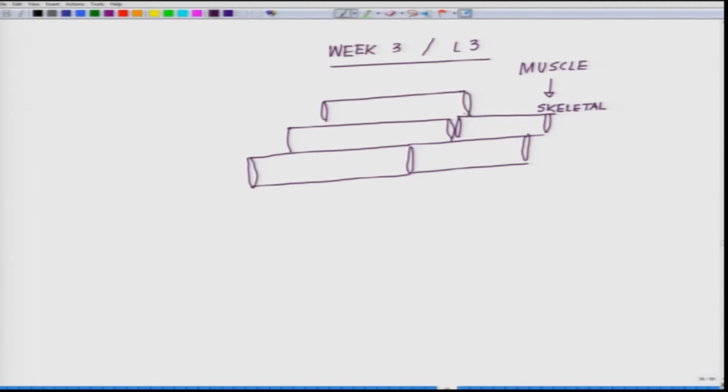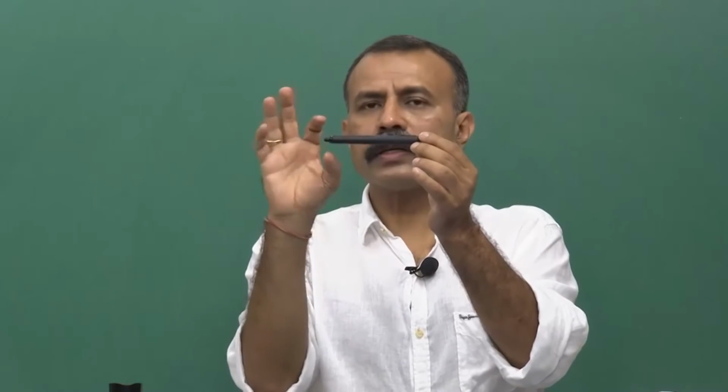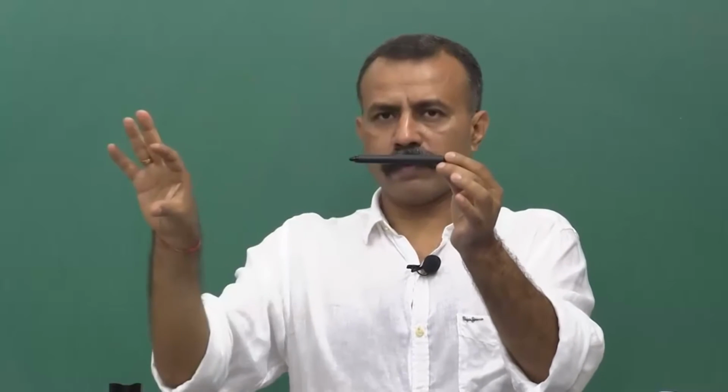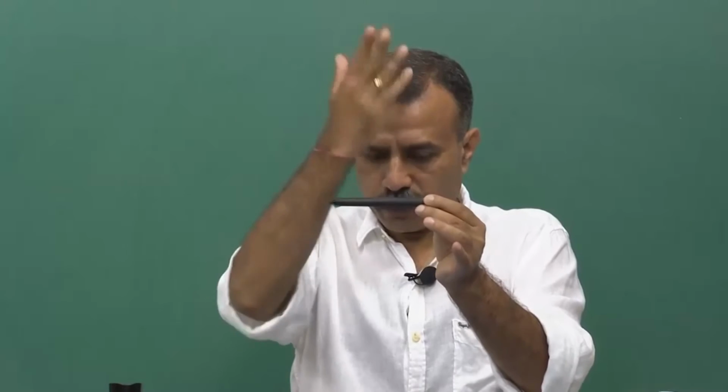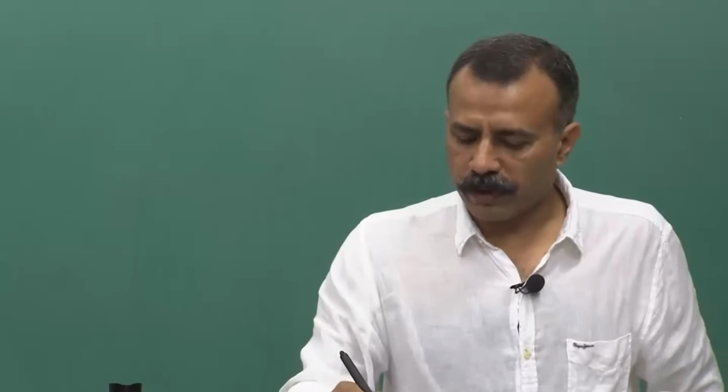Right. So, now I request you to make a cut like this. You are cutting it like this. This is this pen which I am holding here. If you consider this as a muscle, you cut it like this. This is where you are giving the cut.